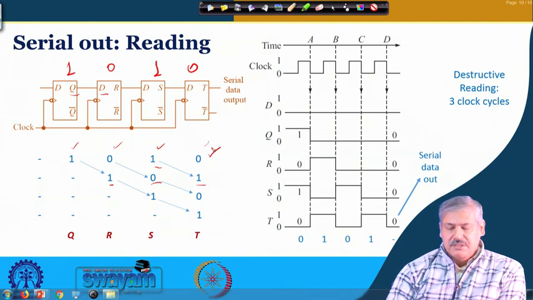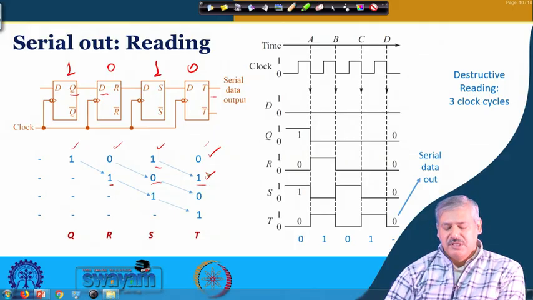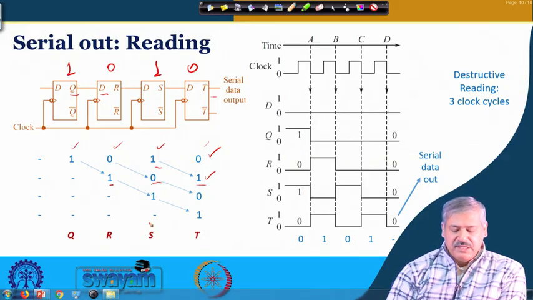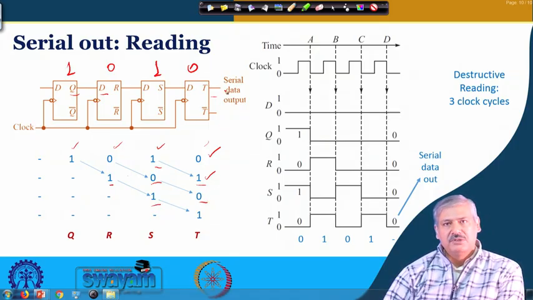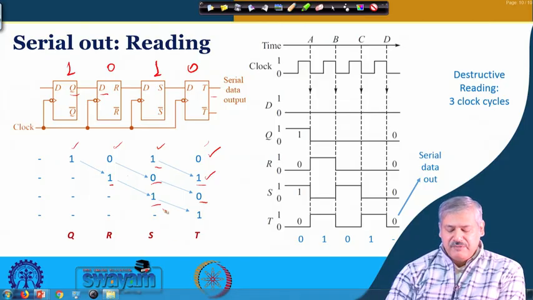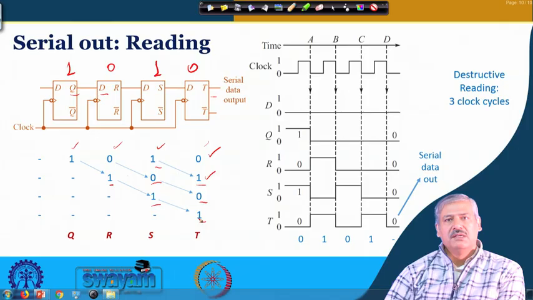So, before the application of the clock, as it is, you can read 0, and then after application of 1 clock trigger you can read 1, the information there. Then one more clock cycle, this 1 will come here and this 0 will come here, you can read 0 over here at the serial data out at the output of Q, and finally one more clock trigger, you can see 1 over here. Okay.